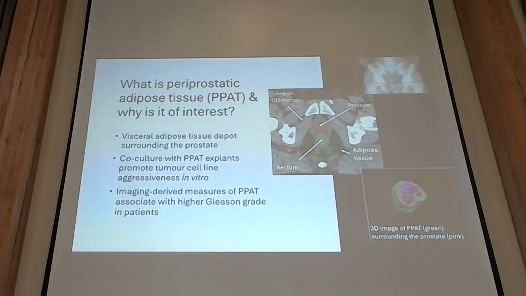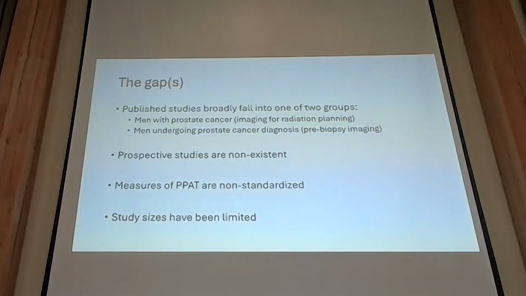And then in parallel, other studies using imaging obtained for medical purposes to quantify this periprostatic adipose tissue, which you can't really measure any other way, have found that it seems to correlate with higher tumor aggressiveness.